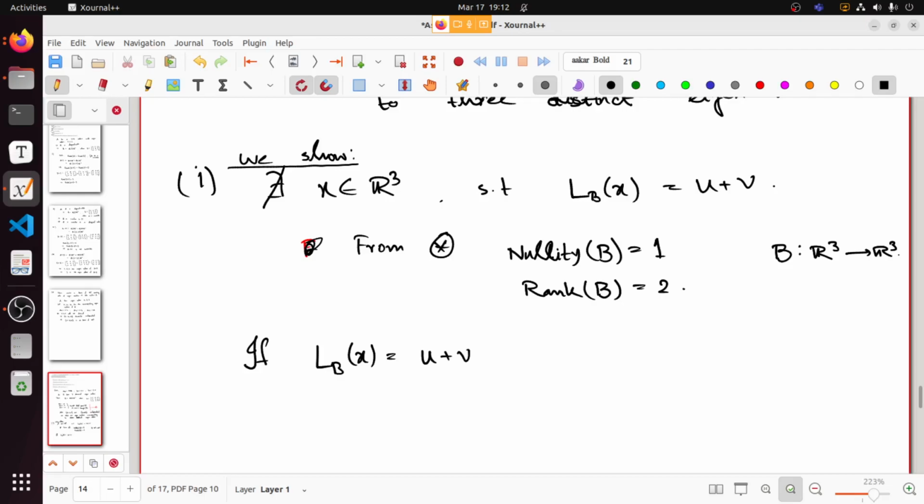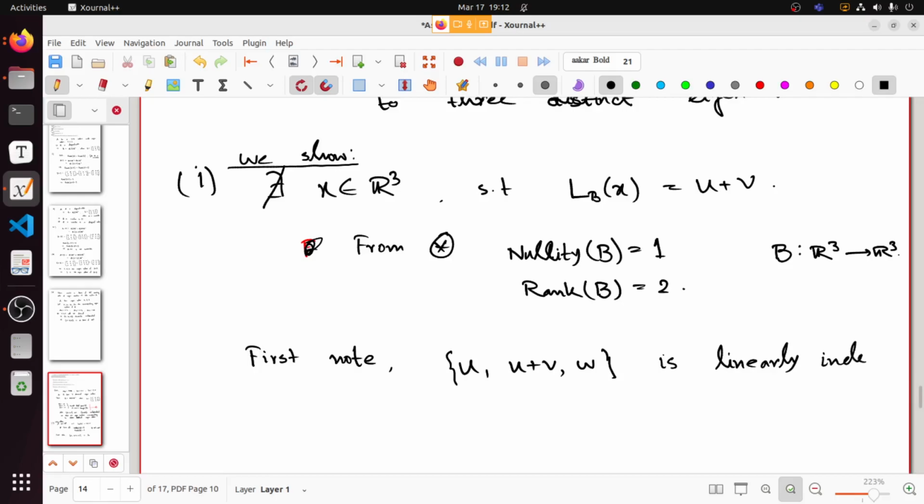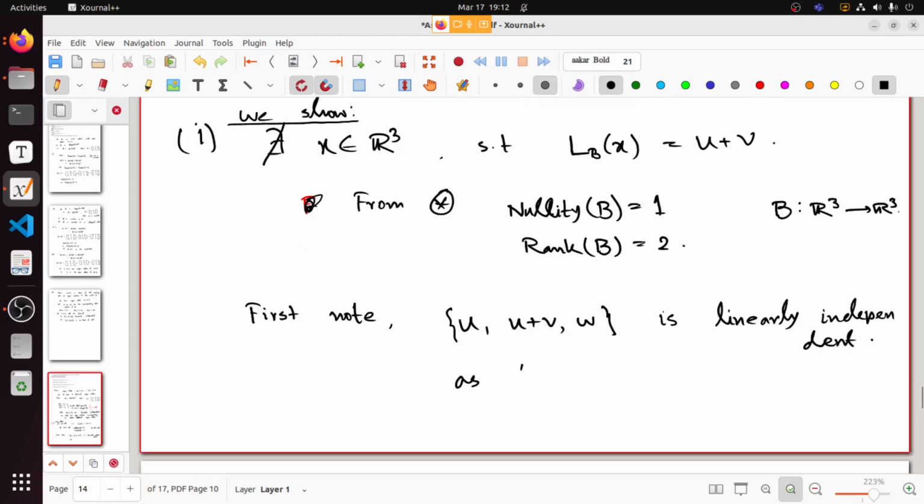so first note this: U plus V and W is linearly independent, right? Why? As U, V, W are linearly independent.